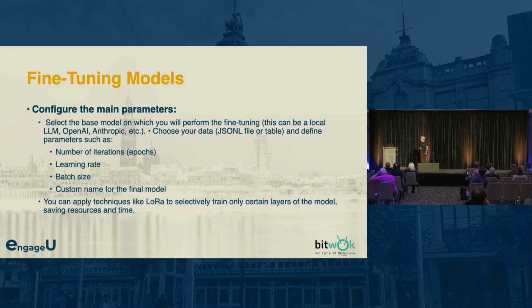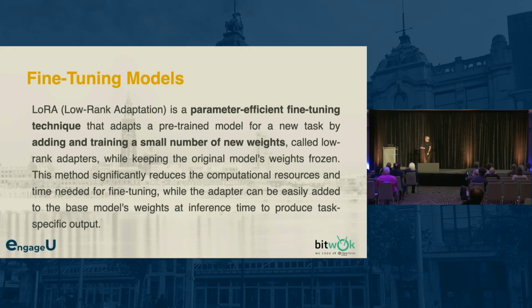So to configure those parameters, you have the number of iterations, learning rate, batch size, and you can apply techniques like LoRa. What is the LoRa technique? LoRa is what we call a parameter-efficient fine-tuning technique. It means that you take your LLM and ask, which of those parameters do I really need to retune?